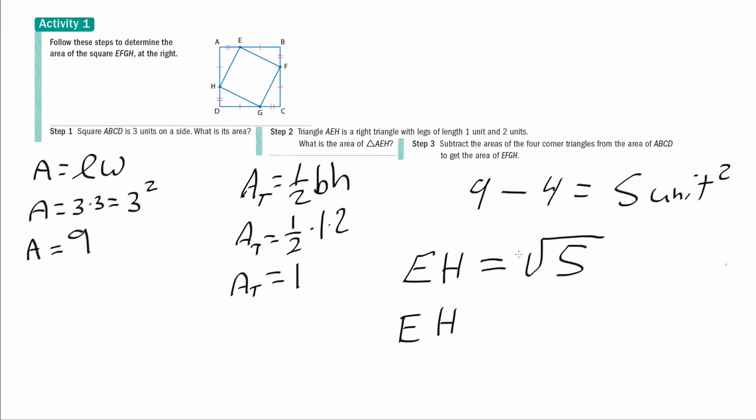So if you were to write it in decimal form, you would write it as an approximation, because the exact form is root 5. That's the exact length of EH. The approximation of that length would be about 2.24, depending on how many decimal places you want to go to. That would be an approximation.